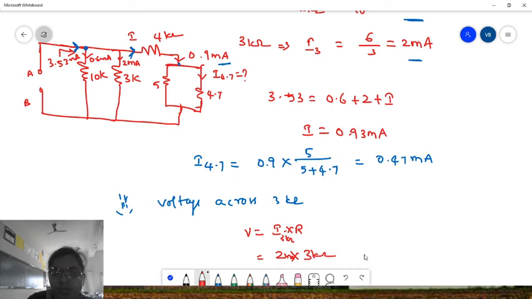What is the voltage? 2 threes are 6. So 6 volts you are going to get. So this 6 volts is across the 3 kilo ohms resistance. Okay, so like this you need to solve with the current division principle and voltage division principle, and how we are going to reduce the resistance, you need to calculate the equivalent resistance.